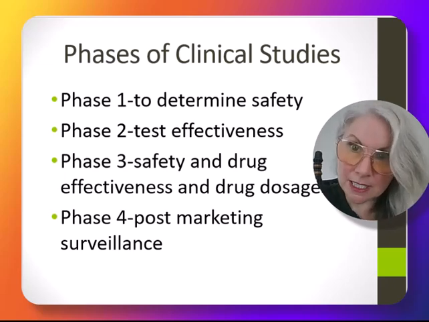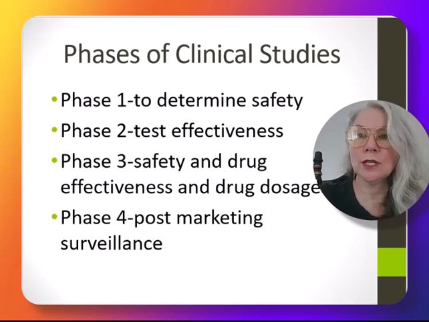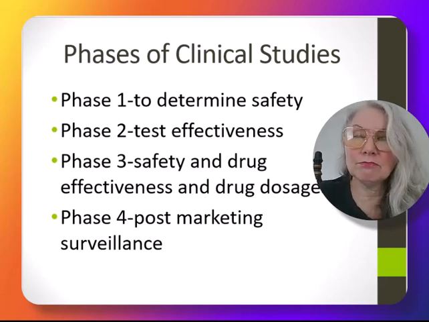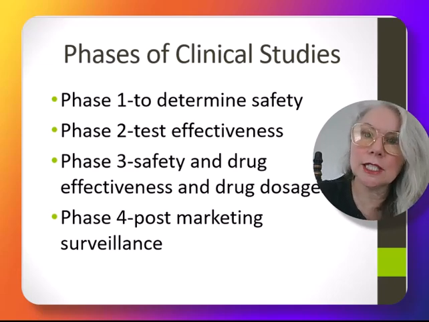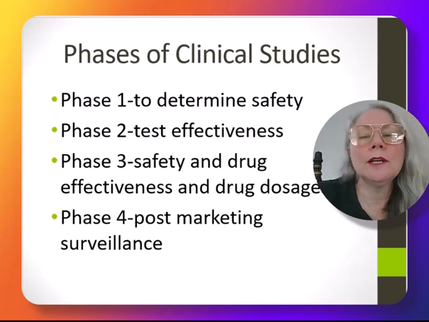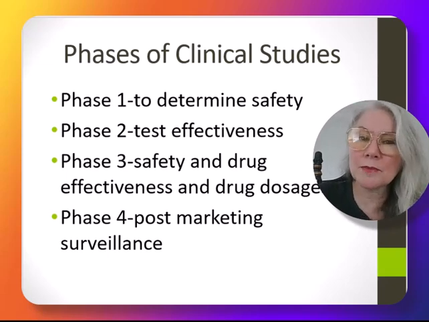Another word for efficacy is effectiveness. Does the drug do what it's supposed to do? Because a drug may be great, oh, sure, it's perfectly safe, but it doesn't do anything. It doesn't fix the problem or the condition that they're trying to fix. So if a drug is a high blood pressure medication and it doesn't lower the blood pressure, it's really not effective. So it would be stopped at phase 2.